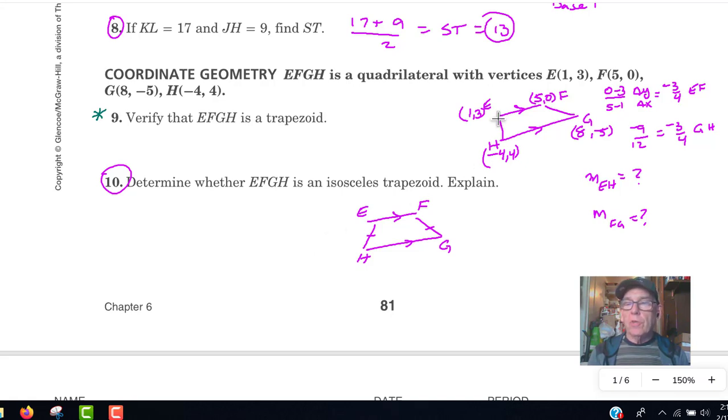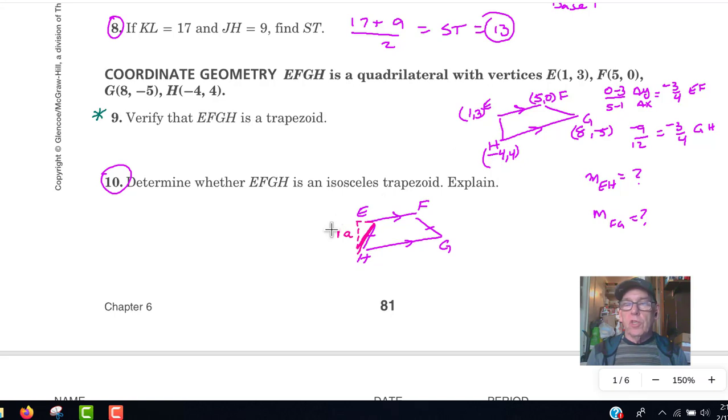So E to H, we're looking for the distance from E to H, this distance here, which is kind of like the hypotenuse of this right triangle idea here. So we want the change in x and change in y. So it's the change in y squared plus the change in x squared. Take the square root, and we're going to have the distance. So this is a squared plus b squared is c squared. Looking for the change in y, we're going from 3 to 4, which is a plus 1.